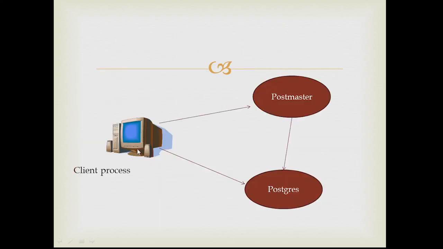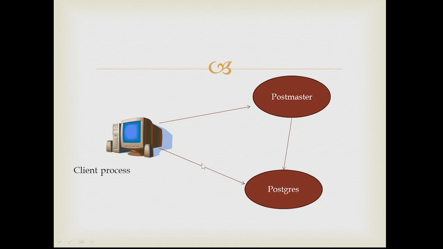We'll see it here. The client is here. First, the client sends a request to access the Postgres database using the Postmaster process. Postmaster validates everything, like whether the user has the proper credentials and is coming from a particular IP. If that validates, then Postmaster hands over the client process to the Postgres process, and then they can communicate directly.